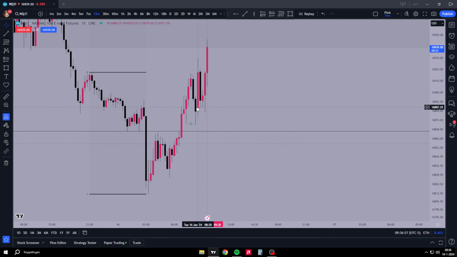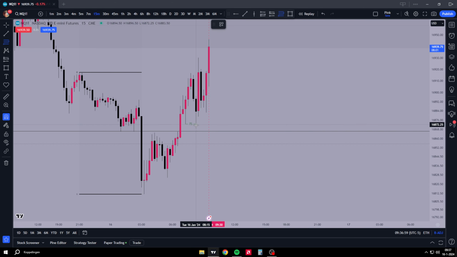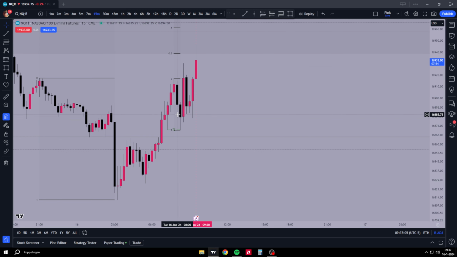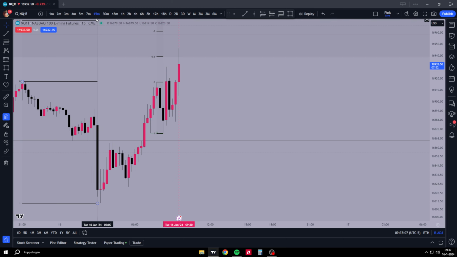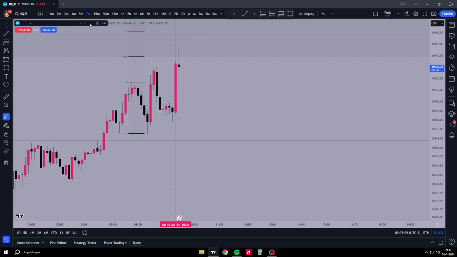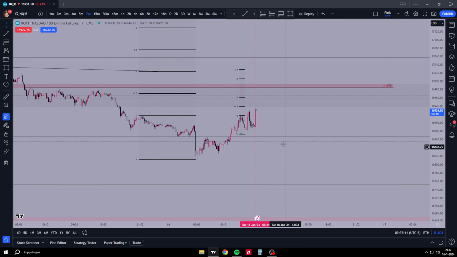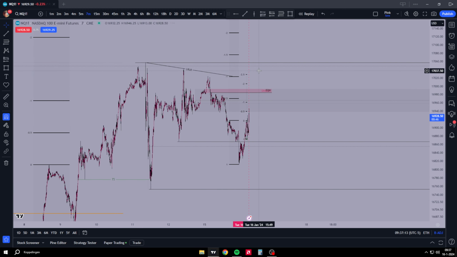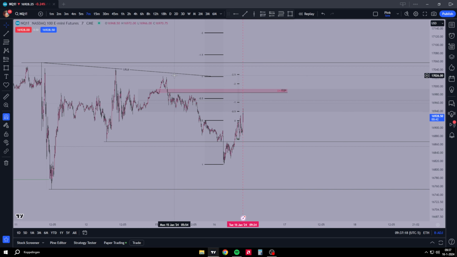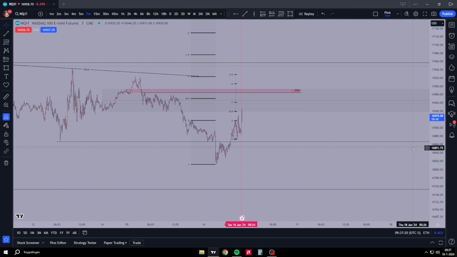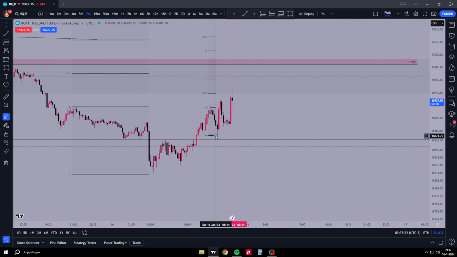Good to use the standard deviation from this turtle soup to this high. Wait, is it? Yeah, it is there. Oh wait, that's here. -2, -2.5 standard deviation gives us this high here that we could find a retrace off of.